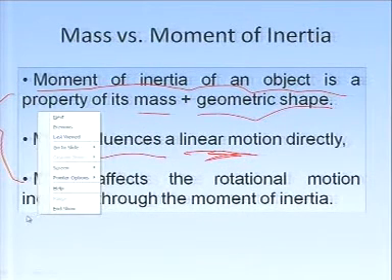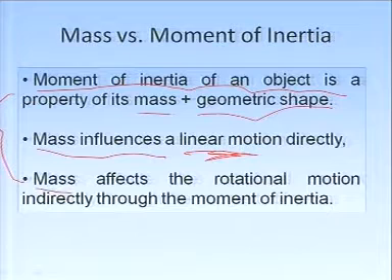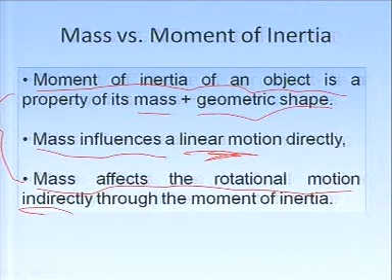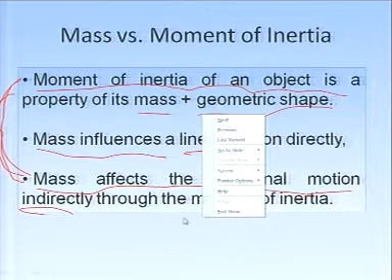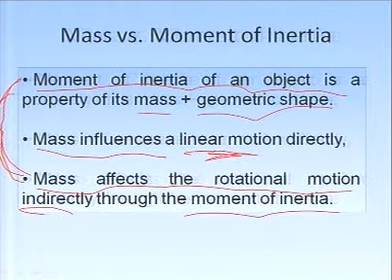Why indirectly? Because mass is used to define moment of inertia, and moment of inertia affects the rotational motion. So that is why we write that mass affects the rotational motion indirectly through moment of inertia. So the role of mass and moment of inertia is given, and hopefully it is clear to you.